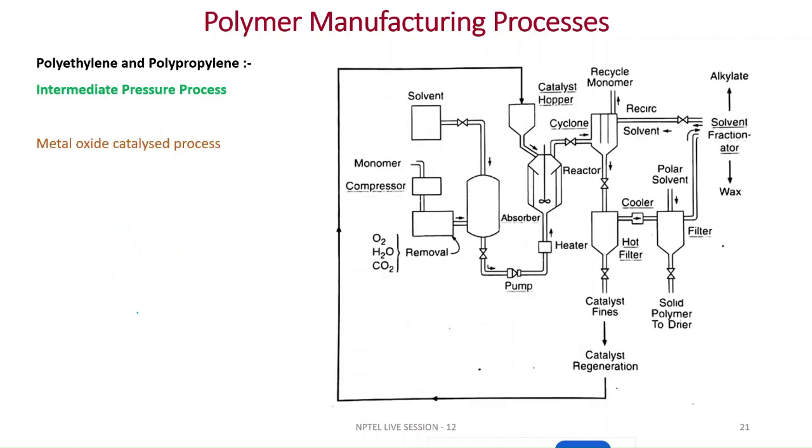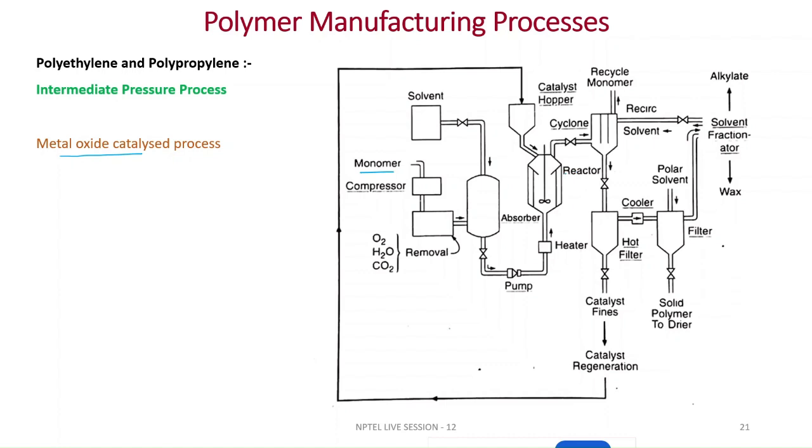So quickly look at this intermediate pressure process, where metal oxide catalysts are used. We are getting the monomer, which has been compressed, and removal of gases will be there. It is then fed to the absorber, where the solvent is also coming in, and it is pumped to the main reactor, where the pressure is maintained at 30 to 100 atmosphere.